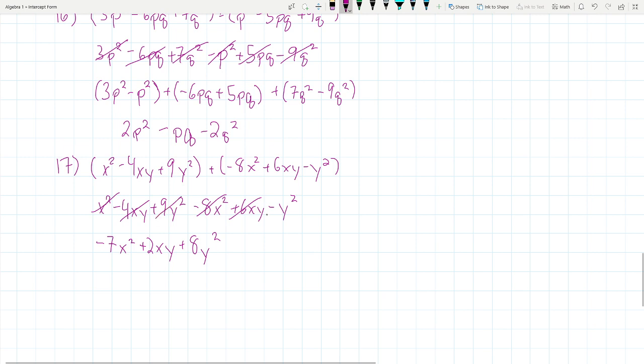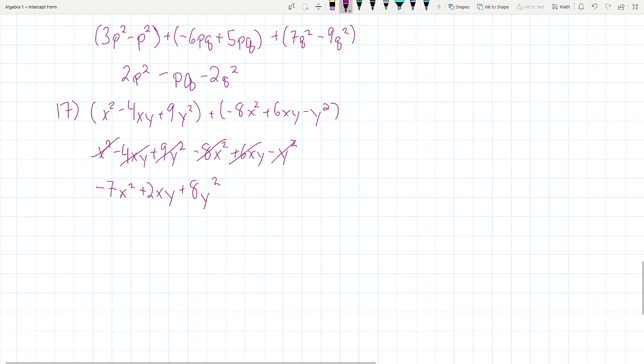All my terms are combined, and that means I'm done. In terms of standard form, choose a variable and run with it and go in order of that variable. I always choose one of my variables, typically one that has a higher power, and just run with it.